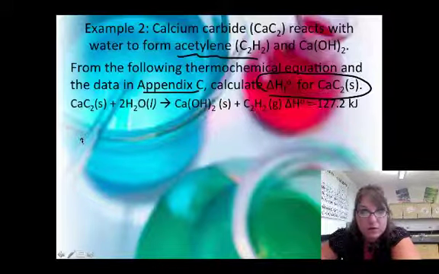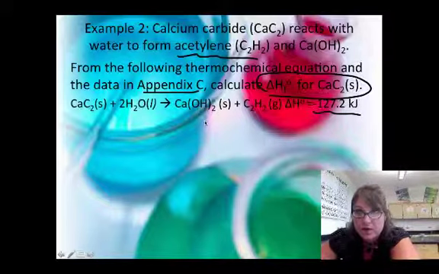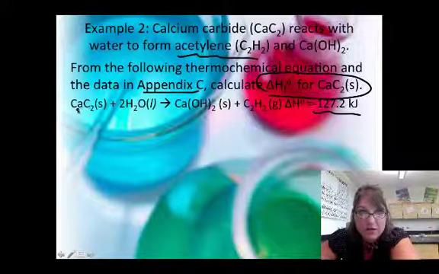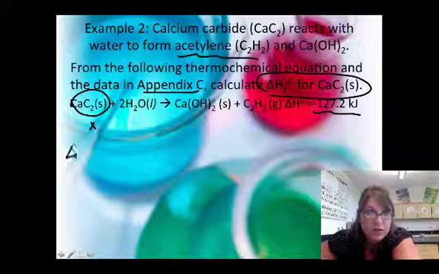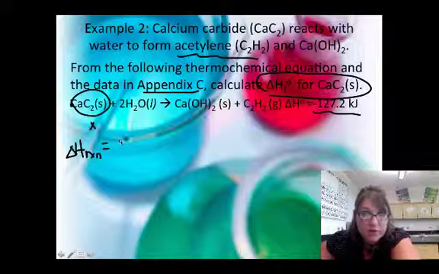So what do we know? We know the heat of the reaction to form acetylene is negative 127.2 kilojoules. All right, so I'm aiming to find this. Let's call this X. But I know that the heat of this reaction is going to be equal to the sum of the products.